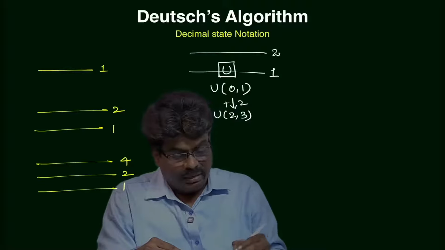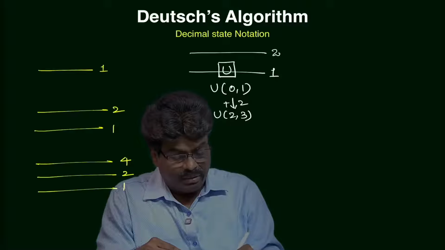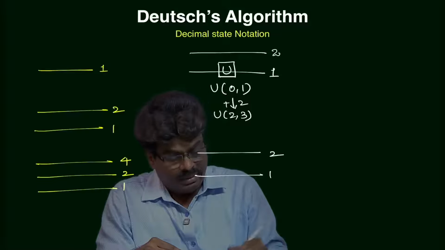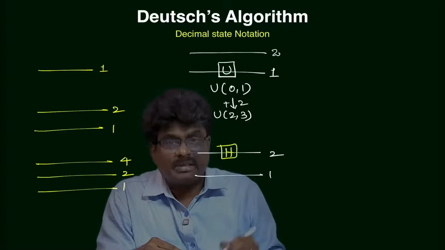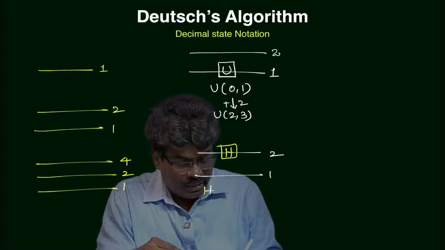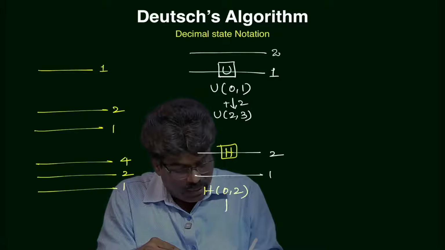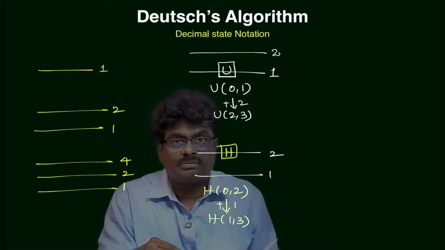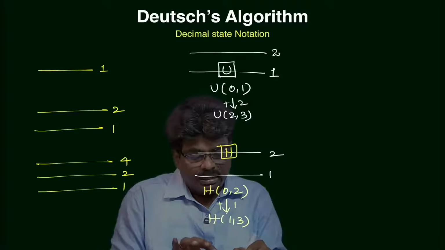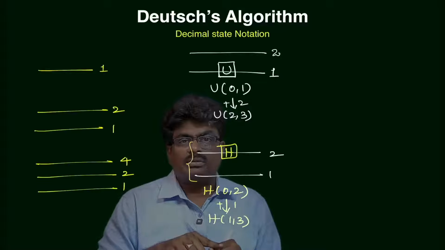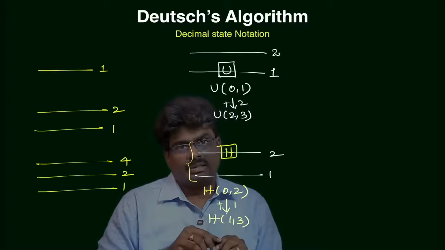Okay, and for example, if you have something like this, 1 2, and let us suppose this is the Hadamard operator, then how to write this? H of 0 comma 2, because it is on 2, and you have to add the remaining 1, that is H of 1 comma 3. That means this circuit will create a superposition of 0 and 2 and a superposition of 1 and 3.